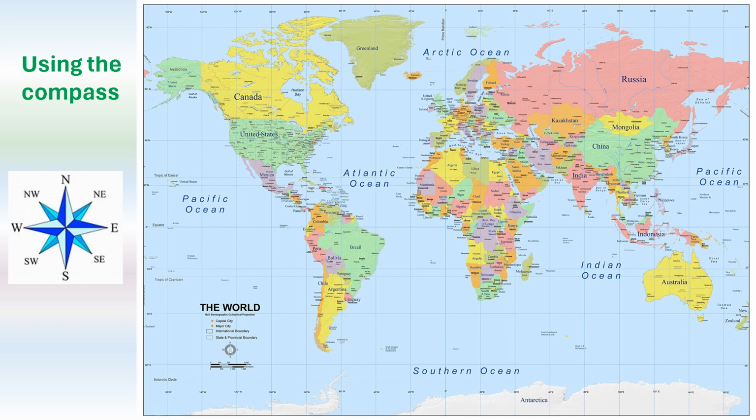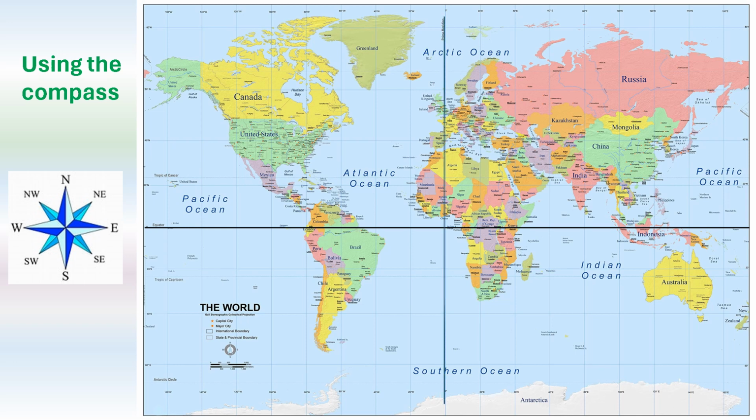Now you must know that the Earth is broken up into different hemispheres. Now, hemispheres mean half. Now, we have the equator, it's a 0-degree line of latitude. Now, this breaks up the Earth into the northern hemisphere and southern hemisphere.